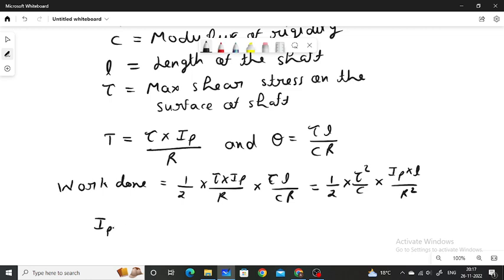We know that Ip, the polar moment of inertia, is equal to pi R square by 2.